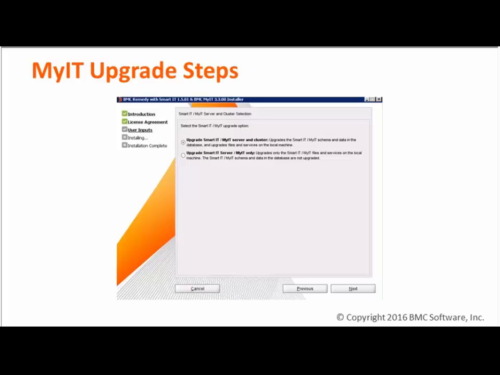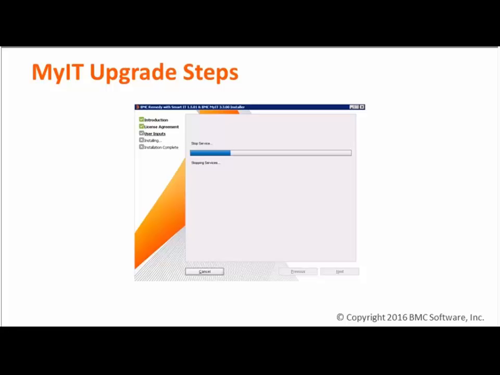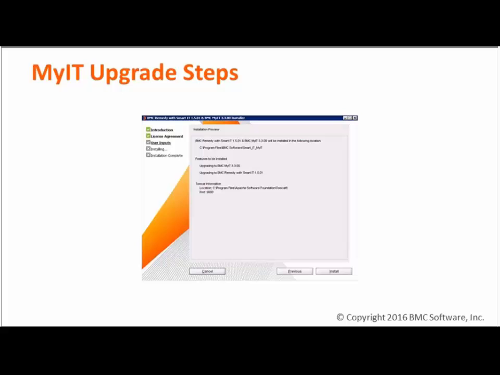So for the first server, you will select the first option, first server in the cluster or server group, and then it starts the installation. It checks everything, and then gives the preview before the upgrade, that it is going to upgrade MyIT and SmartIT to the latest version, whatever the installer version is.